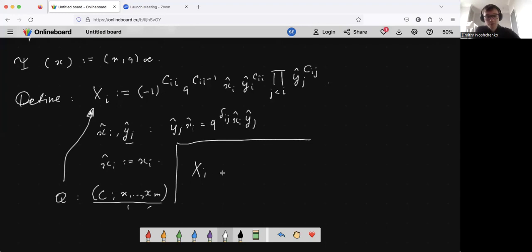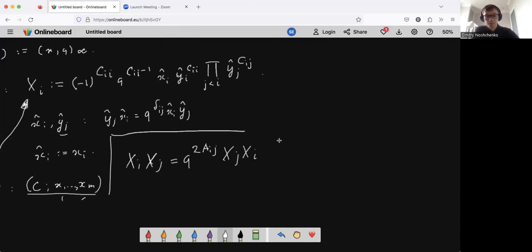Namely, if you commute xi and xj, this will give you q to the power aij xj xi, where aij is simply either cij or 0.